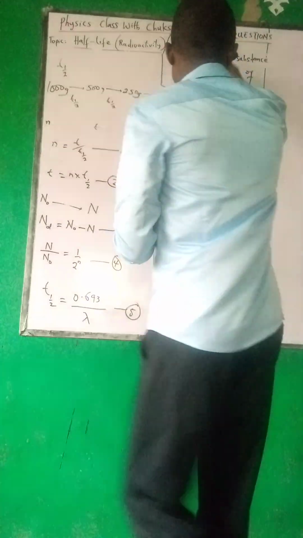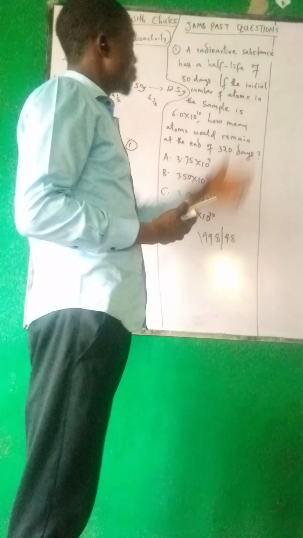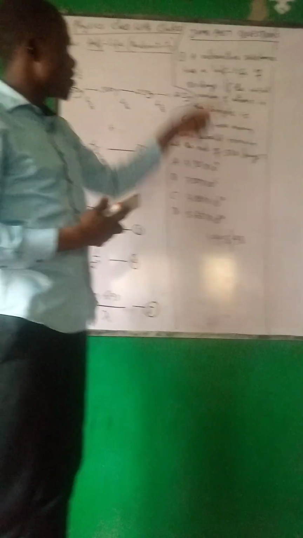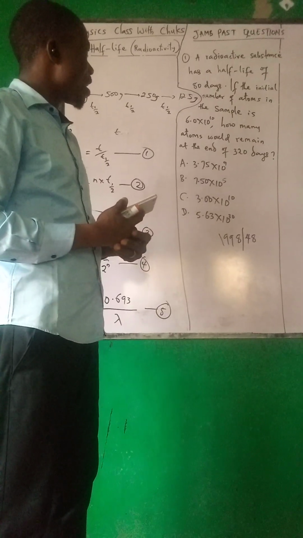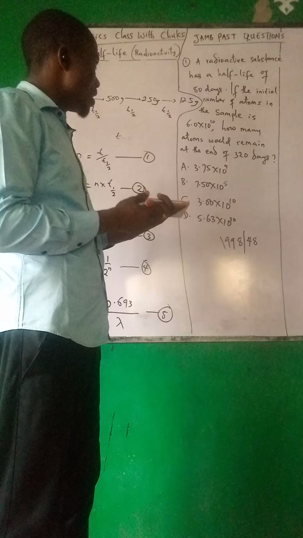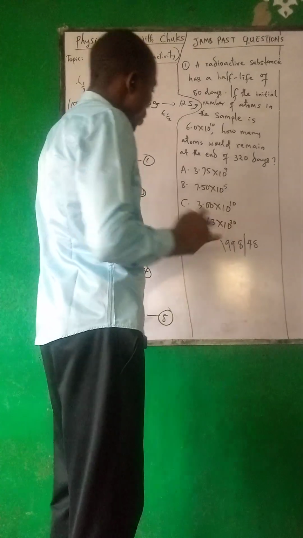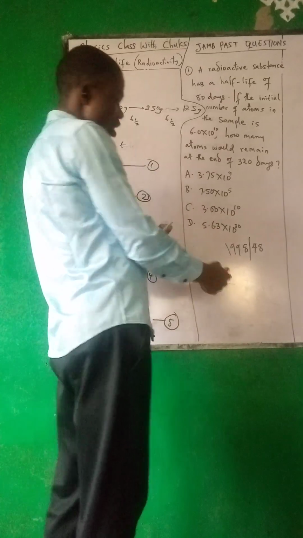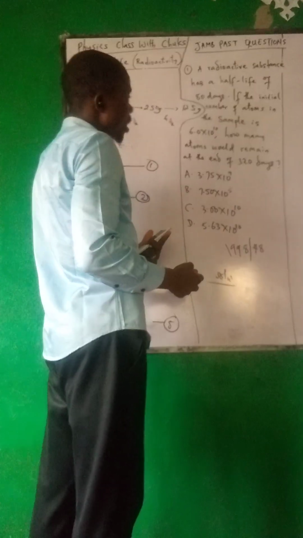So let's start with question number 1. This is a JAMB past question, and the question says the radioactive substance has a half-life of 80 days. The question is from the year 1998, question number 48.